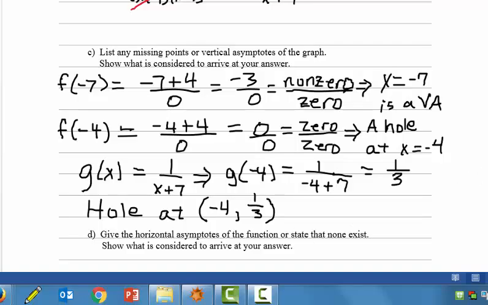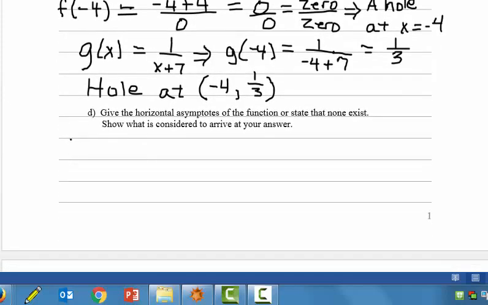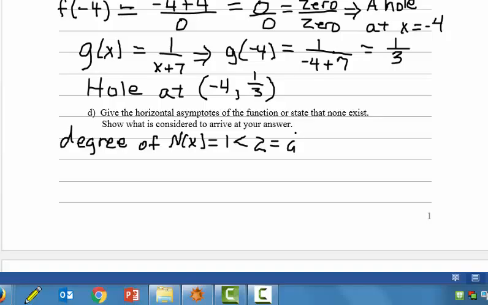All right, if we want to give the horizontal asymptotes of the graph, we look at the degree of the numerator, which we called n of x, and we know that that's 1, which is less than 2, which is the degree of the denominator.